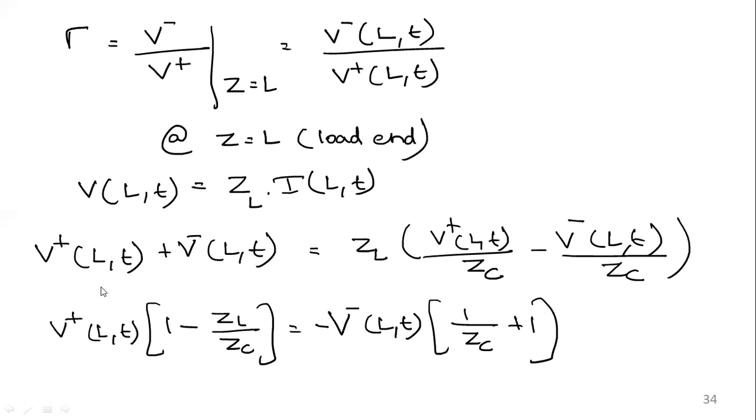Then we can write V plus (L, t) plus V minus (L, t) is equal to ZL into the current, that is V plus divided by ZC minus V minus divided by ZC. From that, we can take V plus (L, t) as common, which makes it 1 minus ZL by ZC is equal to minus V minus (L, t) into 1 by ZC plus 1.